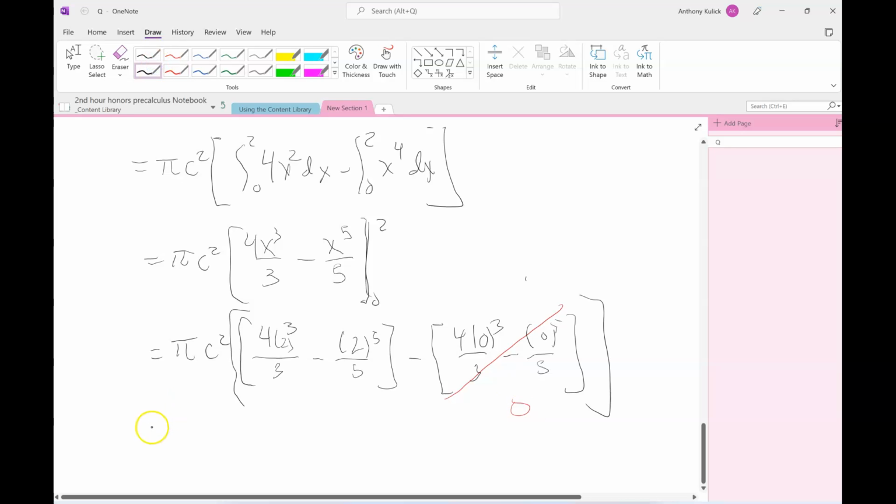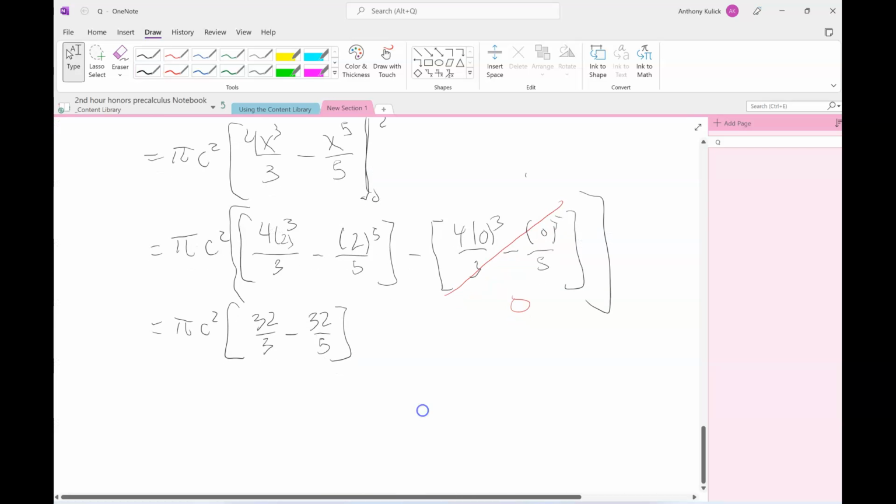And so what do I have here? I have 2 to the 3rd is 8 times 4 is 32. 2 to the 5th is 32. So to subtract those, what do I need to find? A common denominator, so multiply the first one by 5 and multiply the second one by 3.